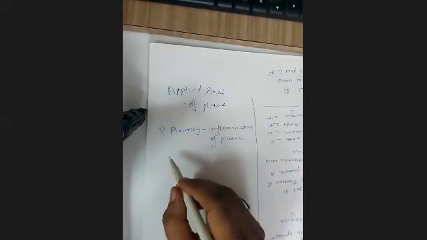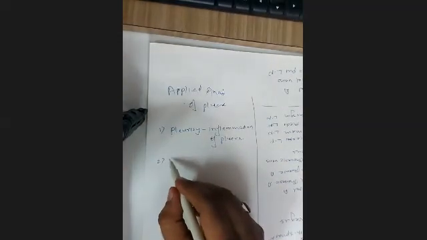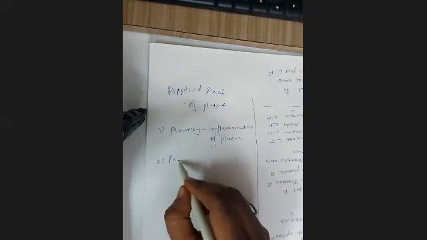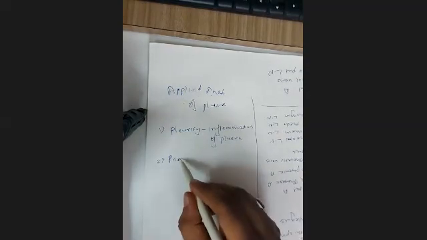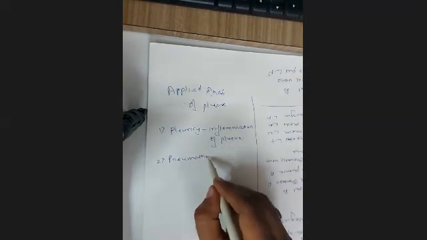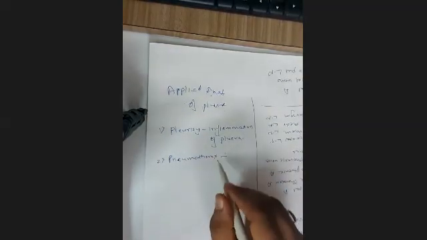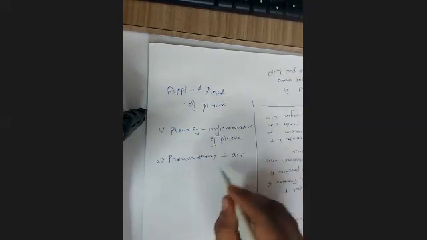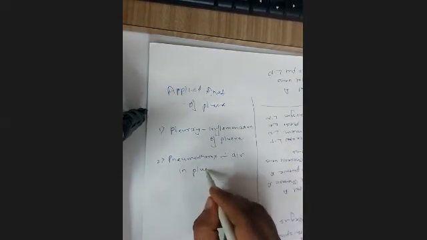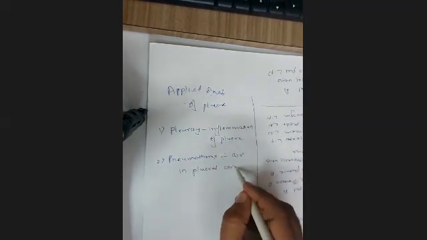Okay. Then pneumothorax. Pneumothorax is when there is presence of air in the pleural cavity.